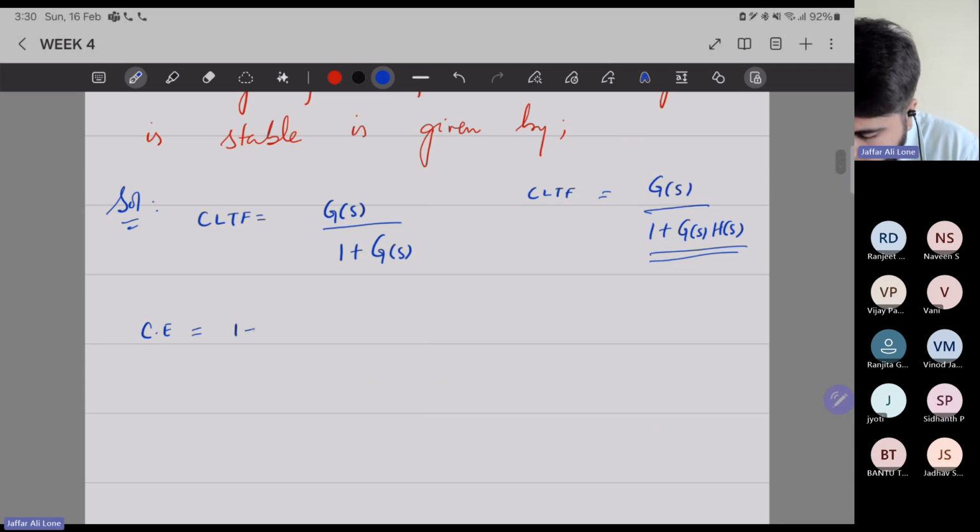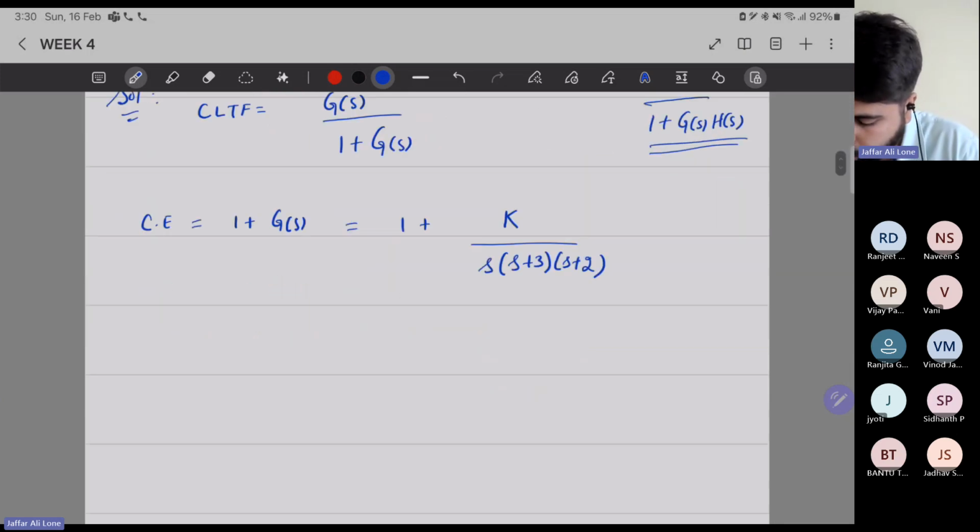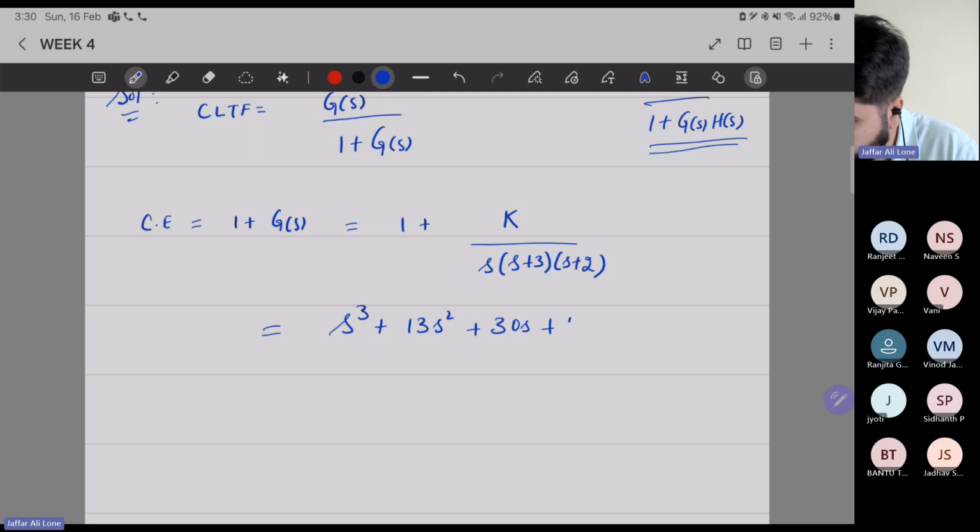So the characteristic equation is 1 plus G(s), which is equal to 1 plus K divided by s into (s plus 3) into (s plus 10). Correct? So this characteristic equation upon simplification we'll get as s cube plus 13s square plus 30s plus K equal to 0, right? So this is the characteristic equation that we got.